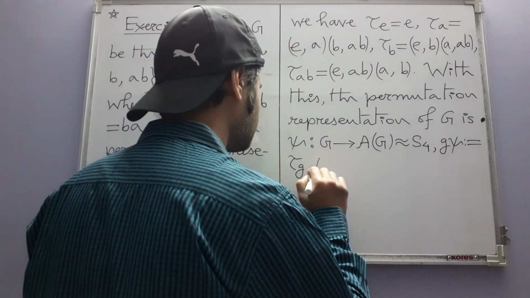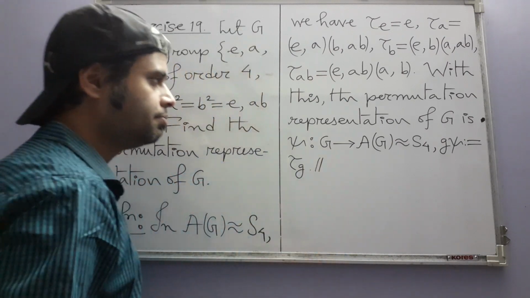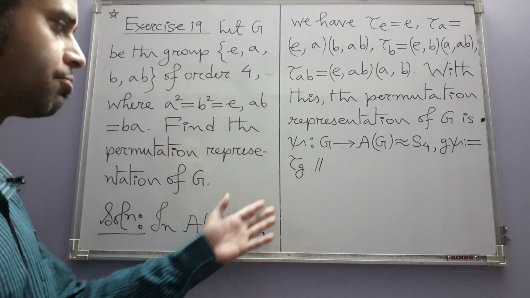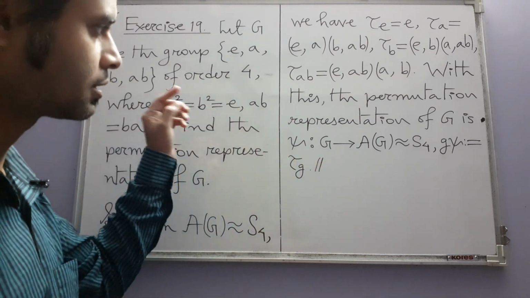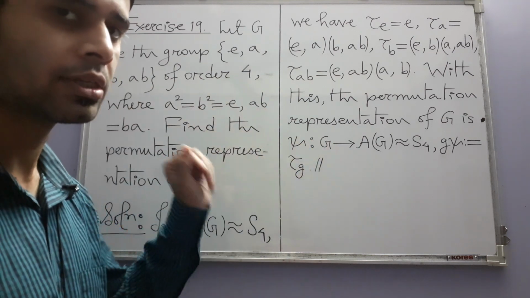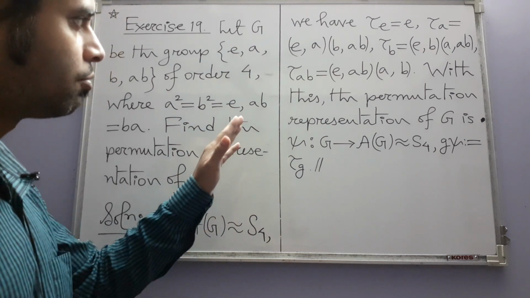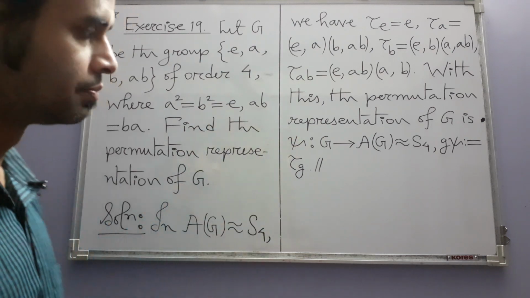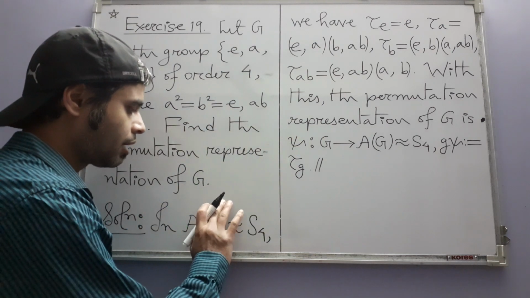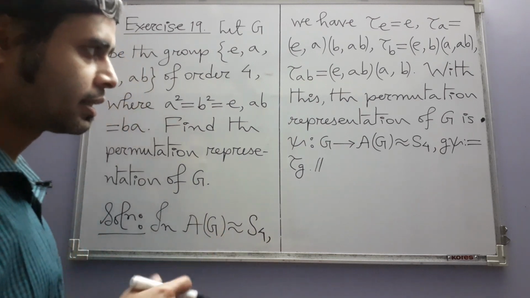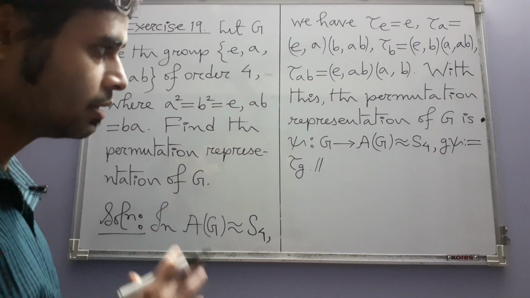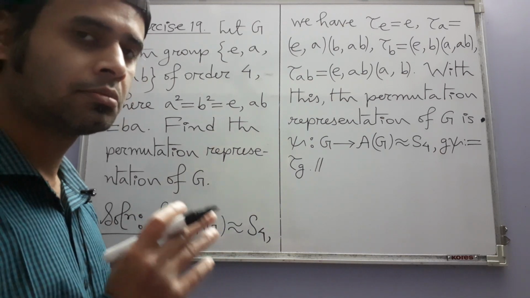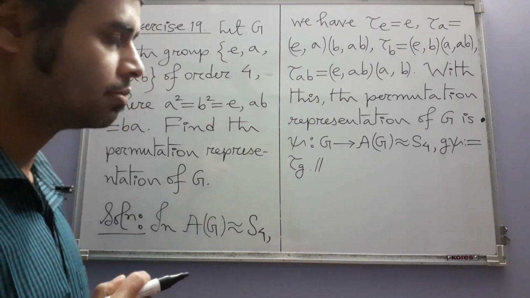Okay, now let us see once again, because we have already gone through one such solution to the previous exercise, but still let us see for this one, let us recall what is it that we have done. And in order to understand what we have done, and again to see once more what a permutation representation is, let us recall the proof of Cayley's theorem.